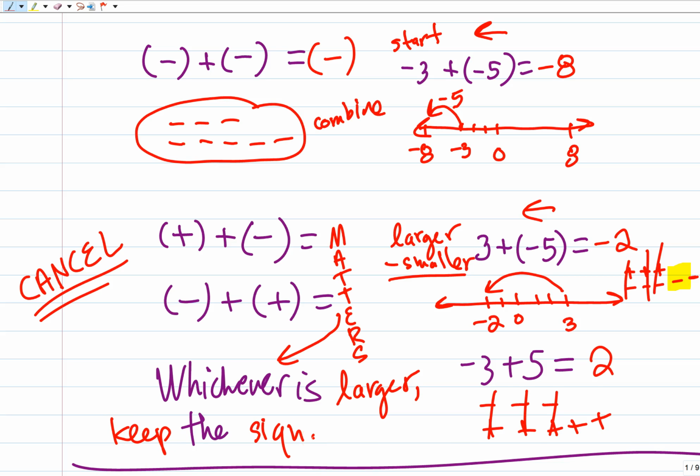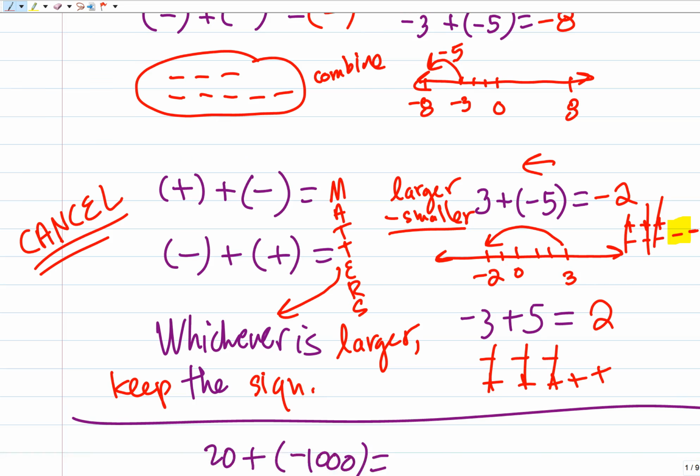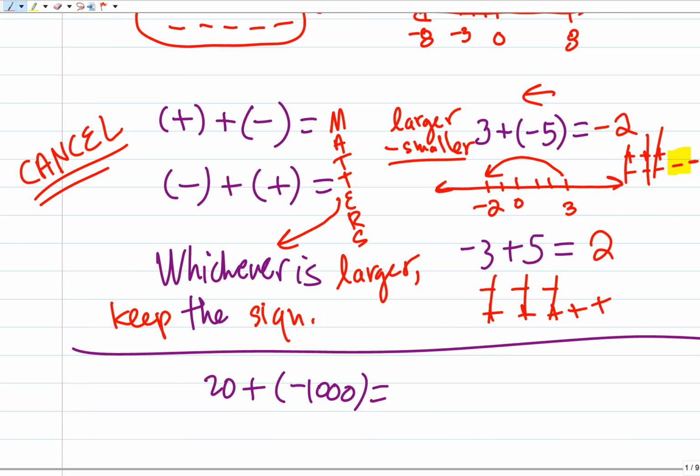Why? Because when everything cancels, that's what we're left with. Does that make sense? When everything cancels, the one that was larger is what we're left with. We were left with more positives. We were left with more negatives.